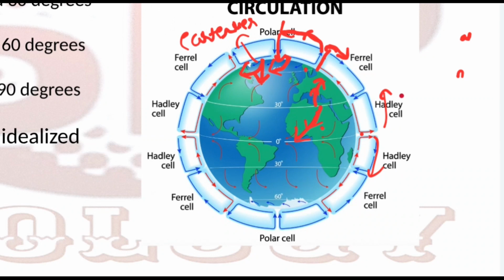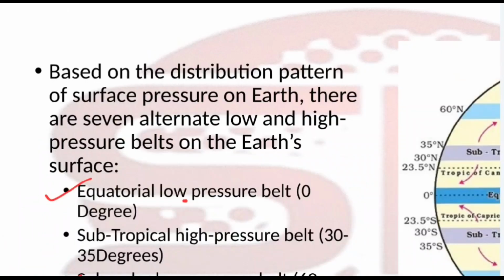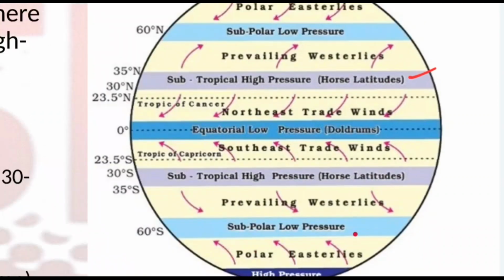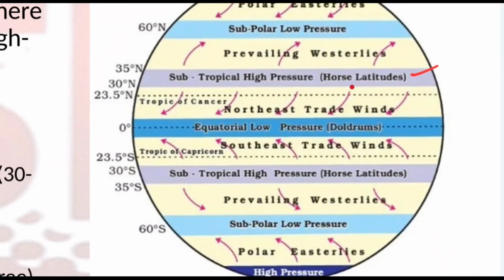That is how three cells form in each hemisphere, named the Hadley cell, Ferrel cell and polar cell. And these are the wind belts. This is the northeast trade wind, this is the southeast trade wind, then these are the westerlies. The westerlies form because the Coriolis effect is more: wind flowing from 30 to 60 degree deflects towards the west.